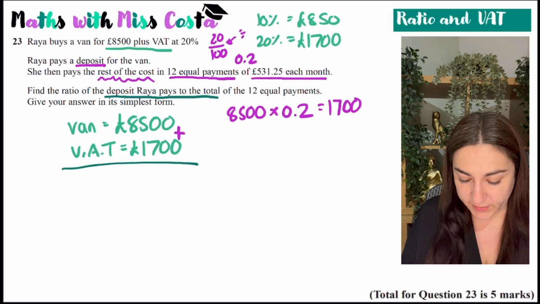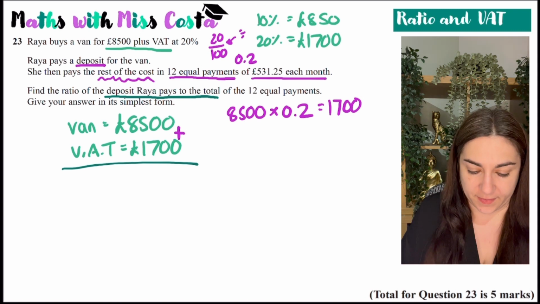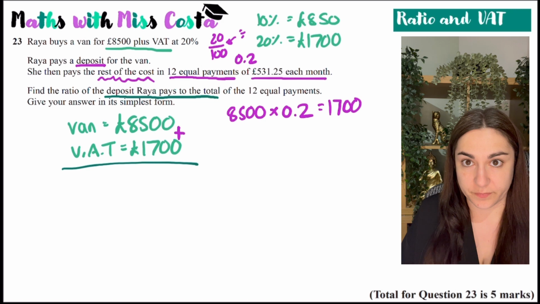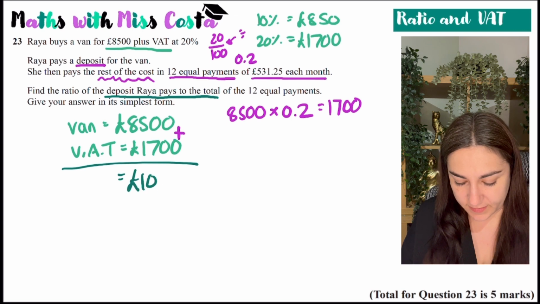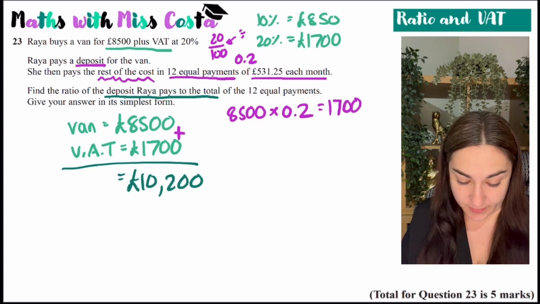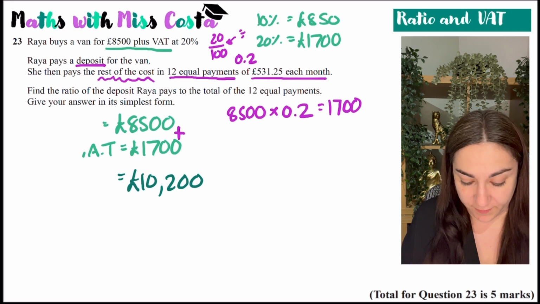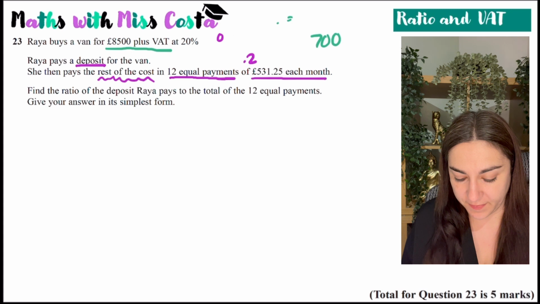So first of all, what's the total cost of her van? 8,500 plus 1,700 is 10,200. That's the cost of the van. So let's just put that somewhere. 10,200.